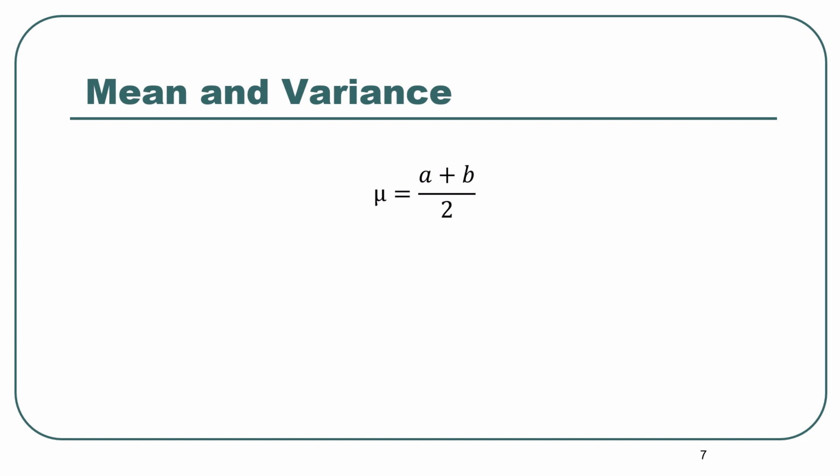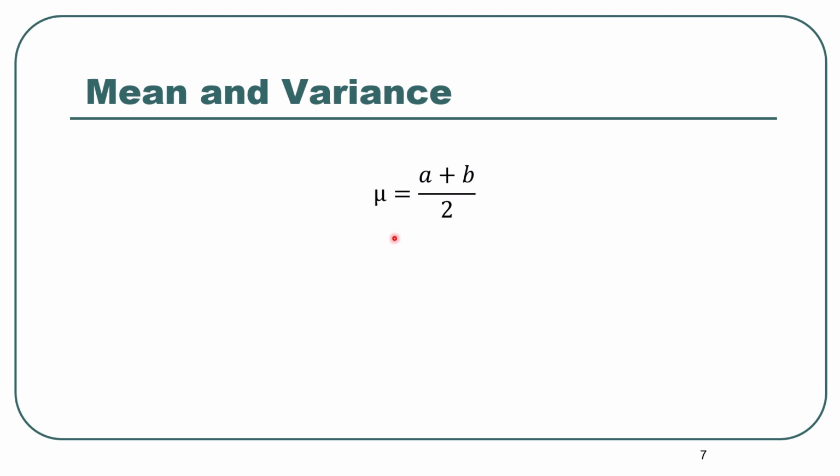Now, what is the mean and variance, or mu, sigma square, and even the standard deviation sigma? Mu is defined to be the midpoint of the interval of your x. So if x is between a and b, the midpoint is a plus b over 2, which is the mid range of my variable x.